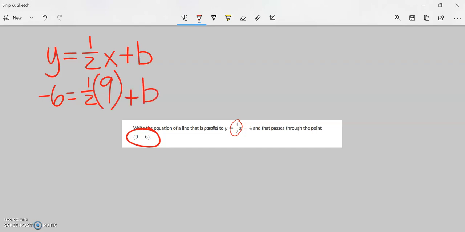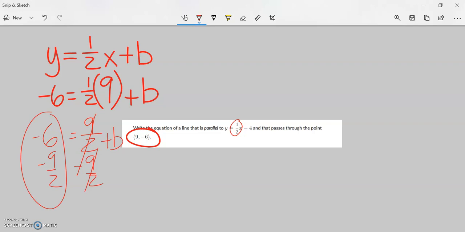So 1 times 9 is 9/2 plus b equals -6. We're going to subtract 9/2 from both sides. I know you all hate fractions, so that cancels off. So -6, I'm going to rewrite this over here. Run out of space. So -6 minus 9/2.